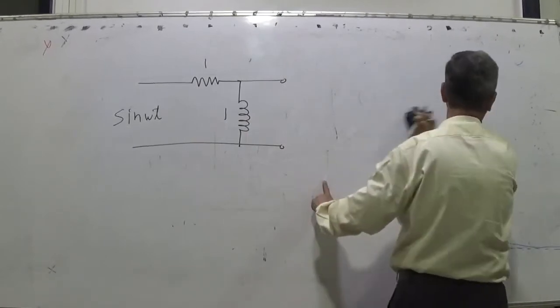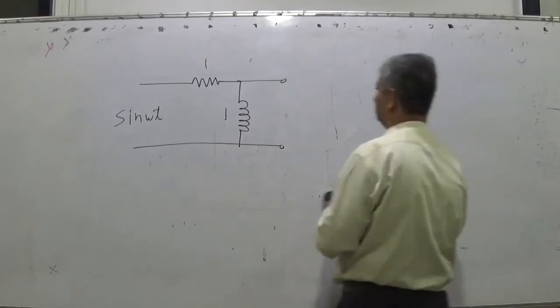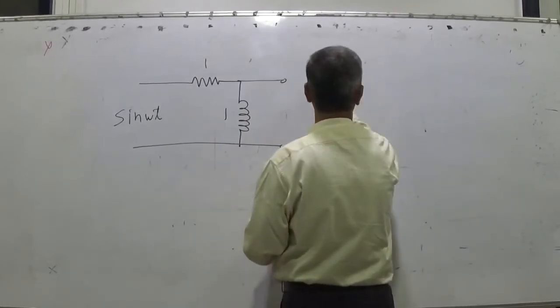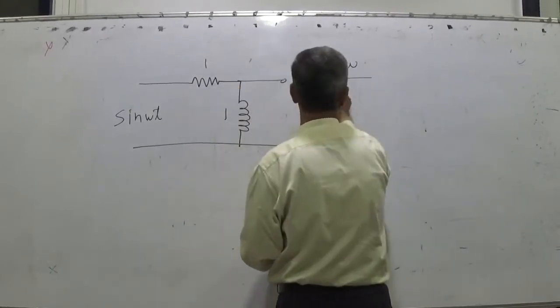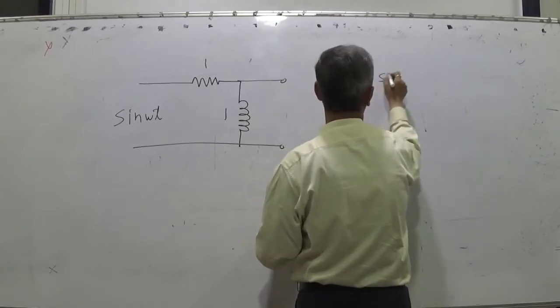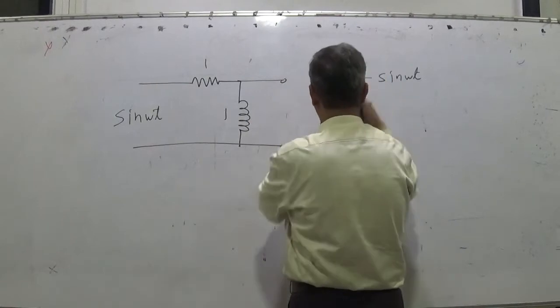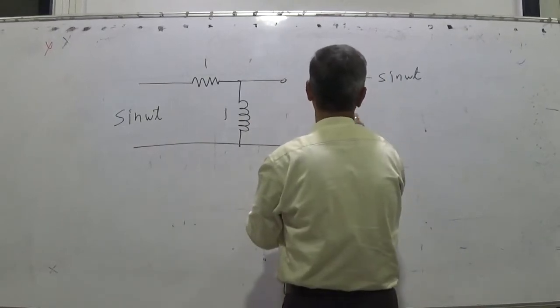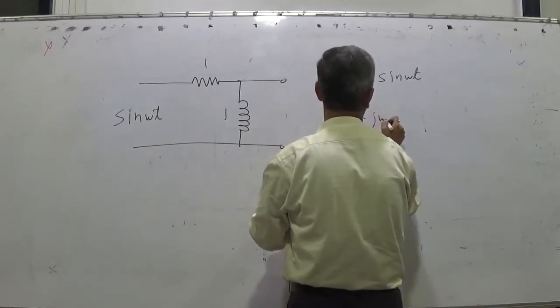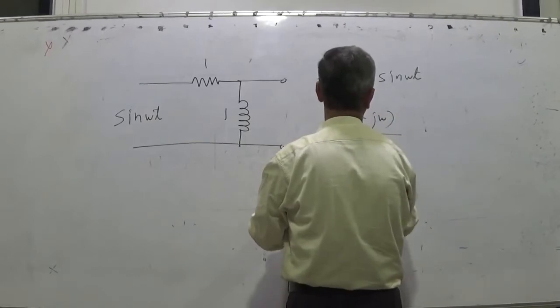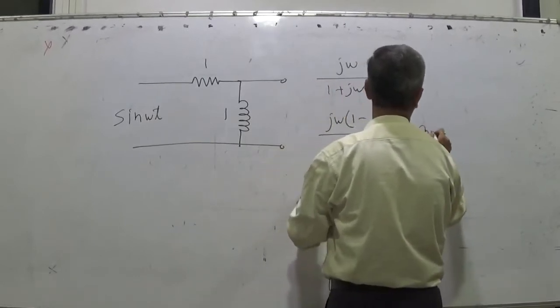So output is j omega upon 1 plus j omega into sin omega t. Multiplying numerator and denominator by 1 minus j omega, it is j omega into 1 minus j omega upon 1 plus omega square, sin omega t.